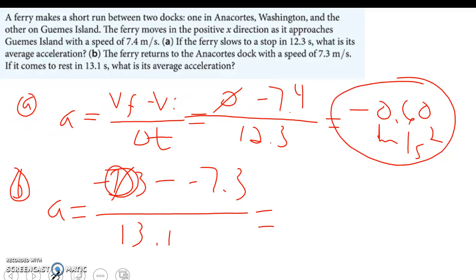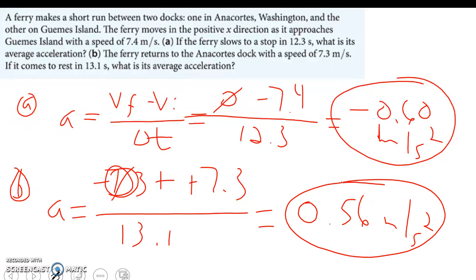What do we get? Well, these two negatives make a positive, so it's 7.3 divided by 13.1, both positive, and we get an acceleration of 0.56 meters per second squared. Positive, again, slowing down because we're going in the negative direction. Positive acceleration means we're slowing down. In A, we're going in the positive direction. Negative acceleration means we're slowing down.